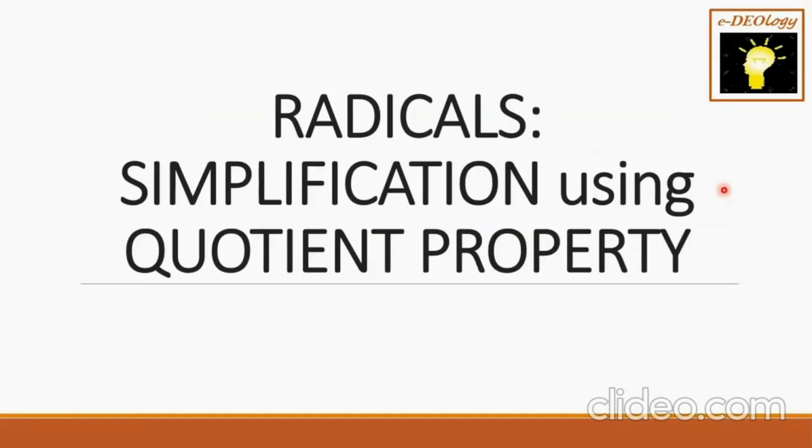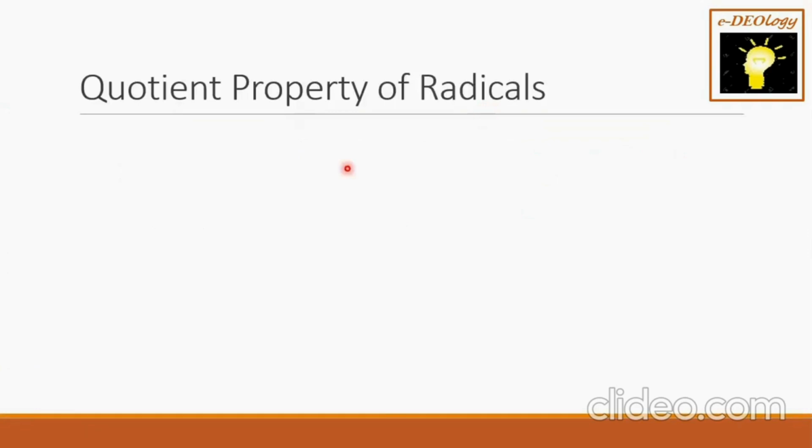Today we're going to study simplification using the quotient property. First, let us define this quotient property of radicals. Suppose there are two radicals, the nth root of a and the nth root of b.